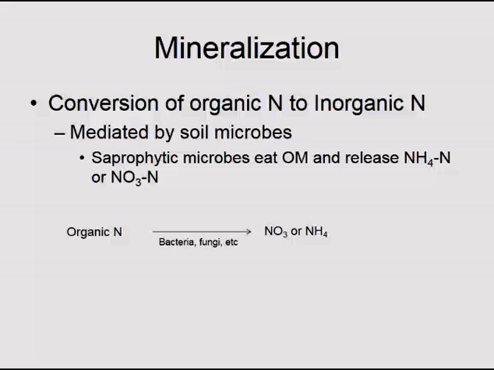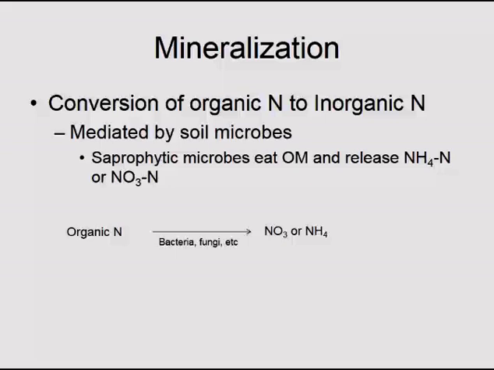They'll go in and eat organic matter, and in that process they'll release ammonium and nitrate, okay? And remember, these are the two forms of plant available nitrogen. A plant doesn't take up any other form of nitrogen other than ammonium and nitrate, okay?